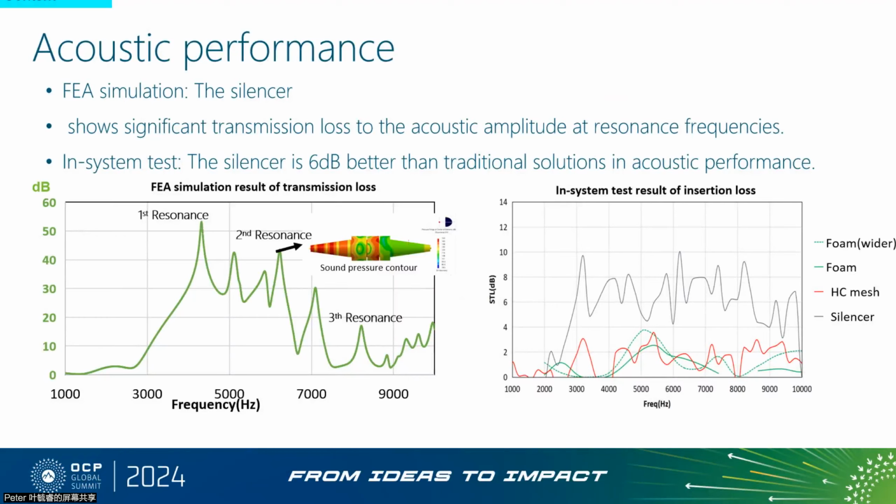The black line corresponds to the silencer, the green line to the foam, and the red line to the honeycomb mesh. Our silencer demonstrated a 6 dB improvement in acoustic performance over traditional solutions, a significant enhancement in noise reduction capabilities.